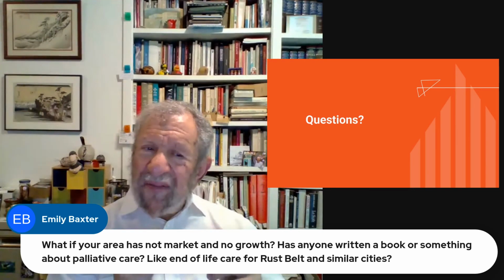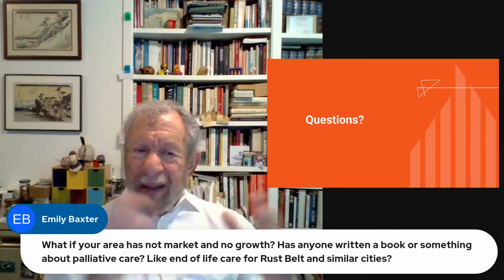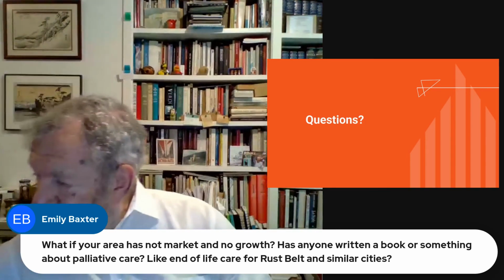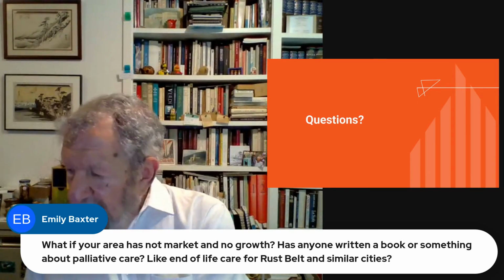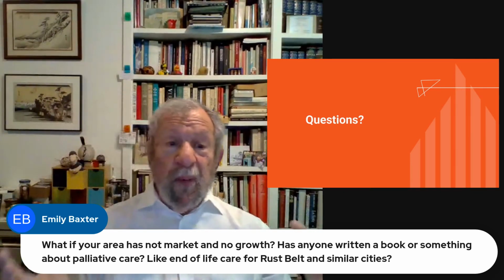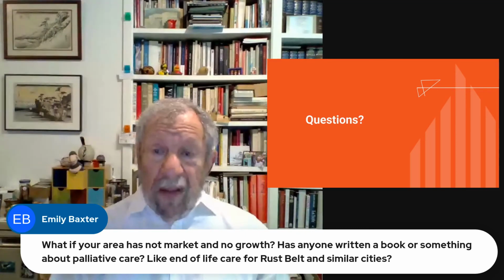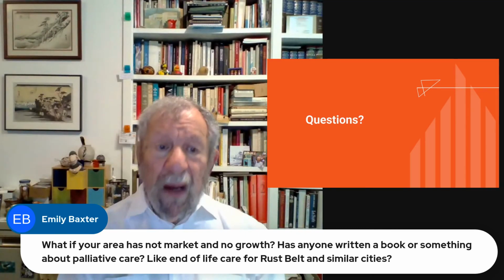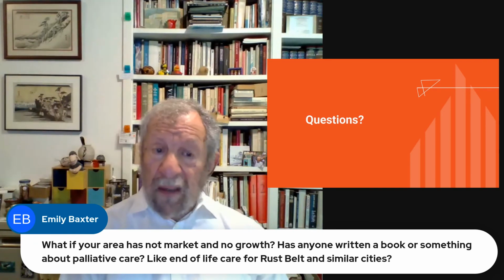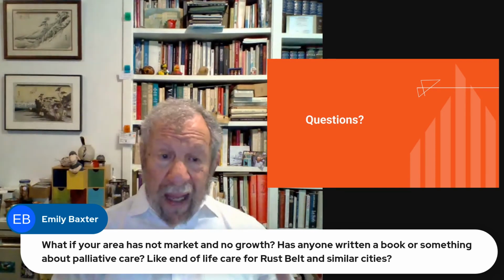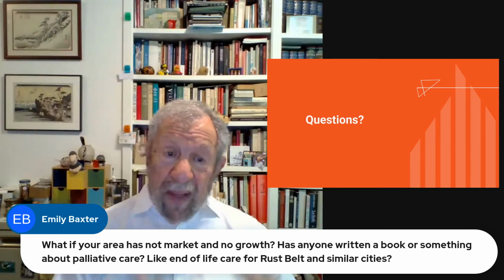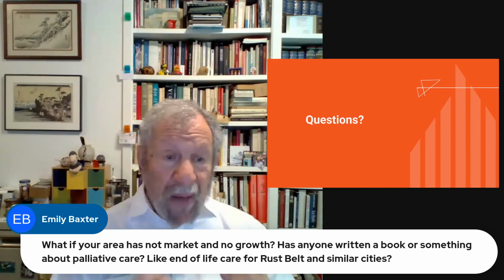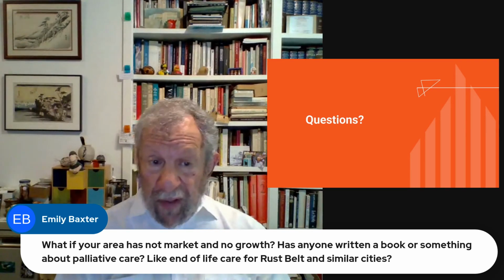And I don't think it's end of life care. I mean, back in ancient times, if a city lost its economy, everybody would pick up and move. That's not happening nowadays. A lot of people stay. A lot of them are dependent on SNAP and Medicare and Medicaid and Social Security and vouchers and everything else, but they're not just picking up and moving.